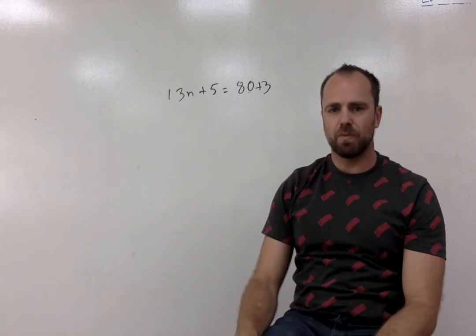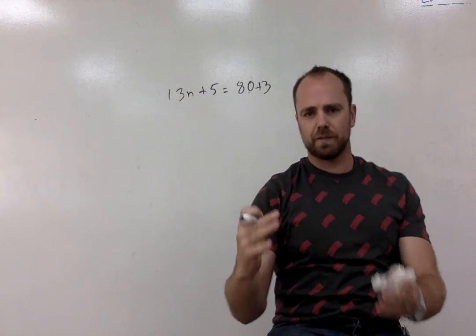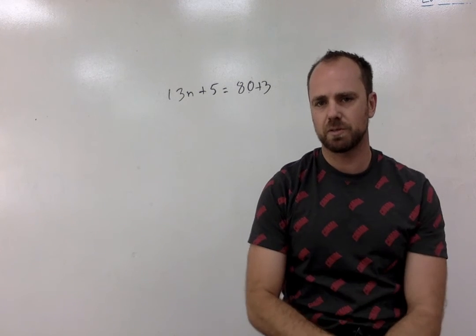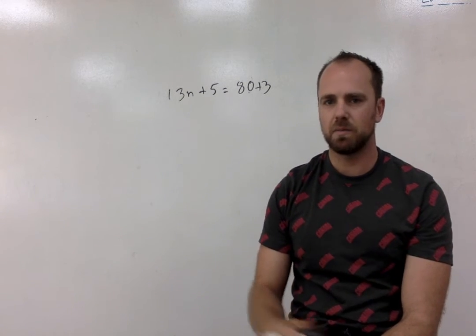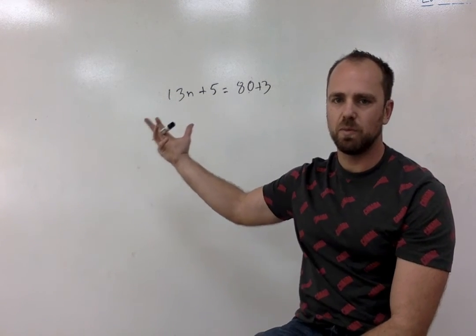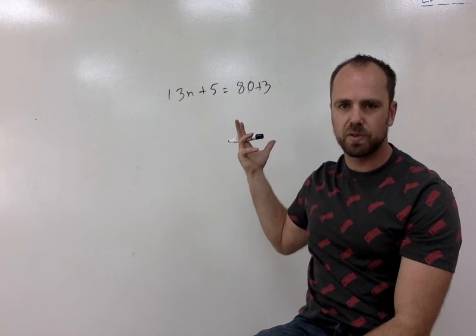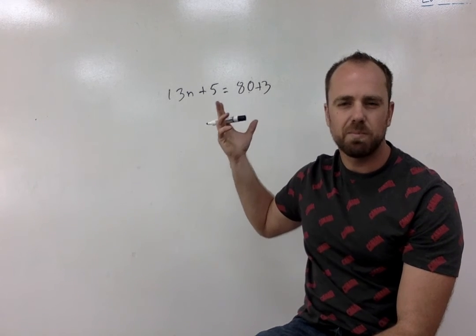Okay. So I'm creating kind of two possible equations on both sides. I have a variable with a constant, and then here I have two constants being added together. So I can simplify that right away.